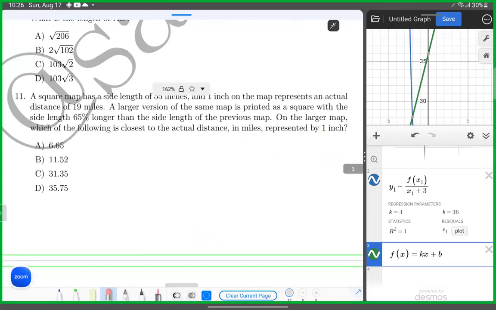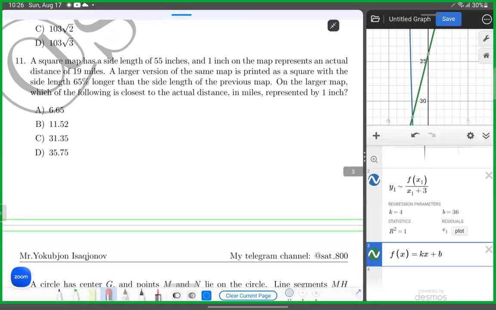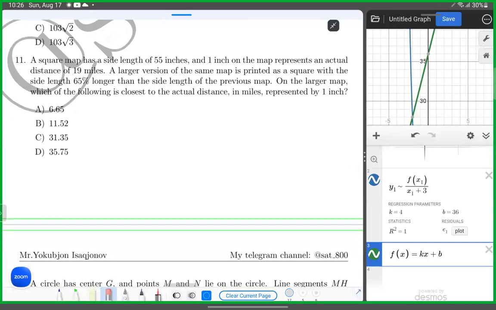Next question is an actual map problem, like it can appear on the SAT test as well. The idea is pretty good. For solving any problem of this kind, the general formula is: for finding the new actual distance at 1 inch, you should take the old actual distance dividing by 1 plus or minus p over 100.